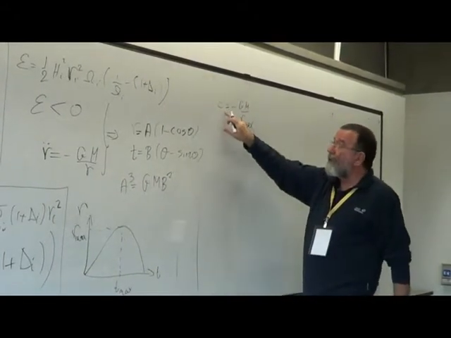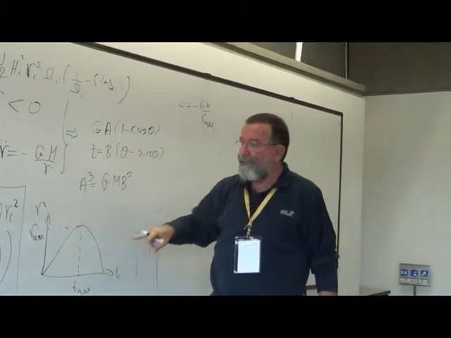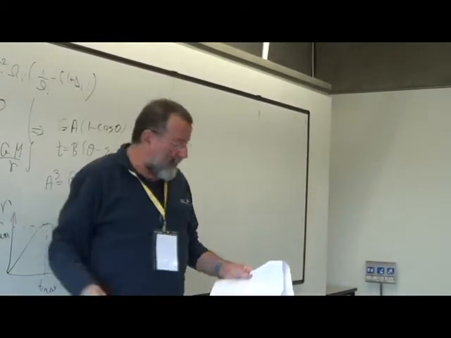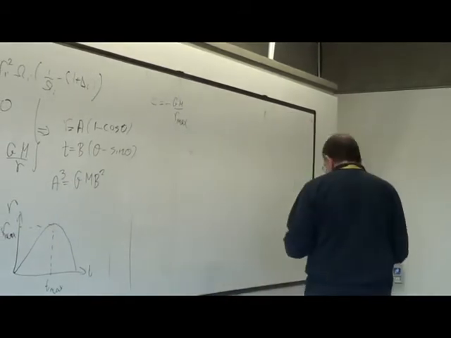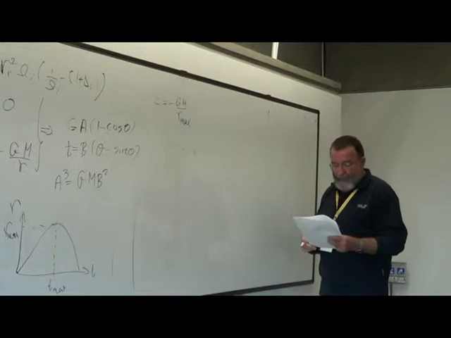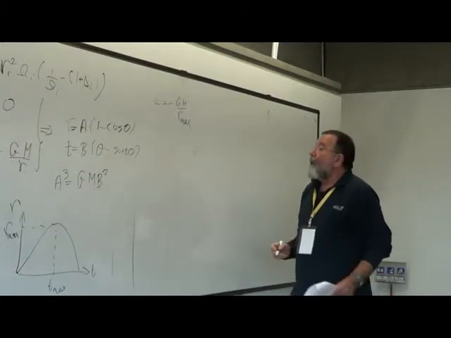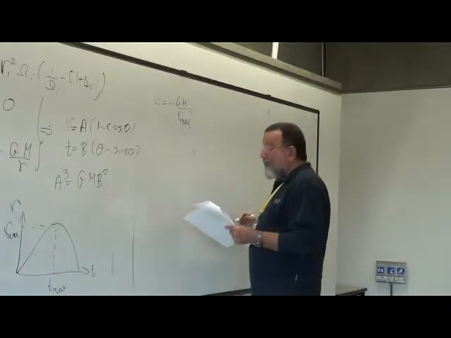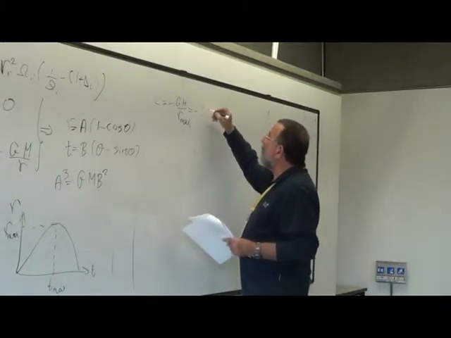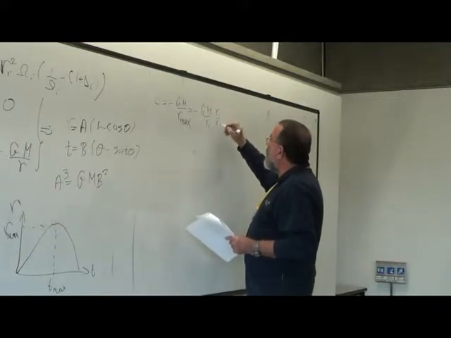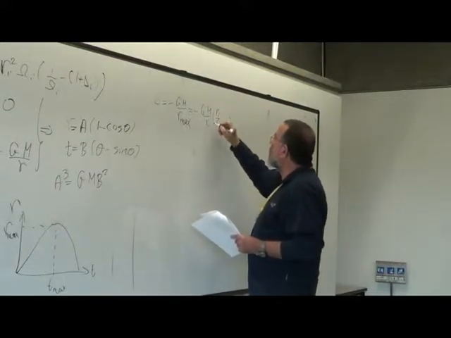So what I have here is that the energy equals G M over R max. I know what the energy is, I have it here, and I know what the mass is. So we write it as minus G M over R i times R i over R max.